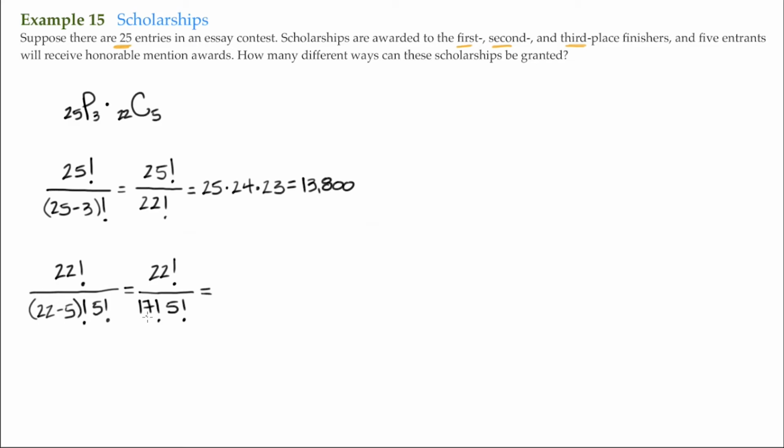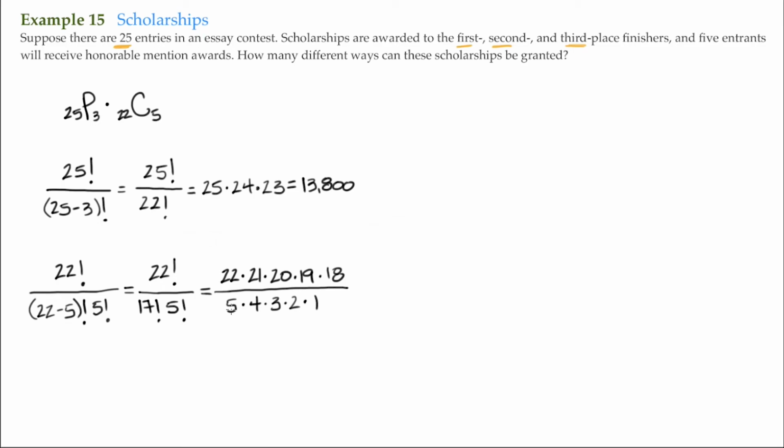We'll cancel out the 17 factorial in the numerator. So we'll have 22 times 21 times 20 times 19 times 18, over 5 times 4 times 3 times 2 times 1.